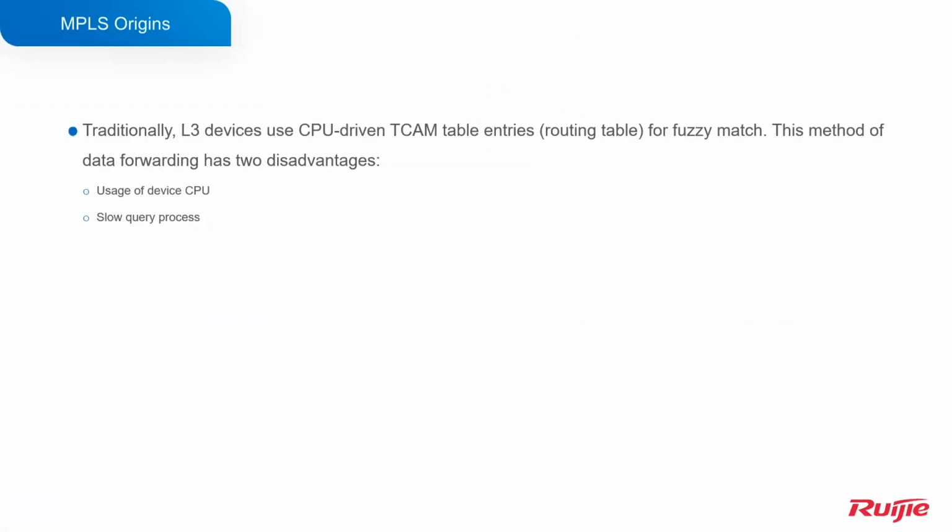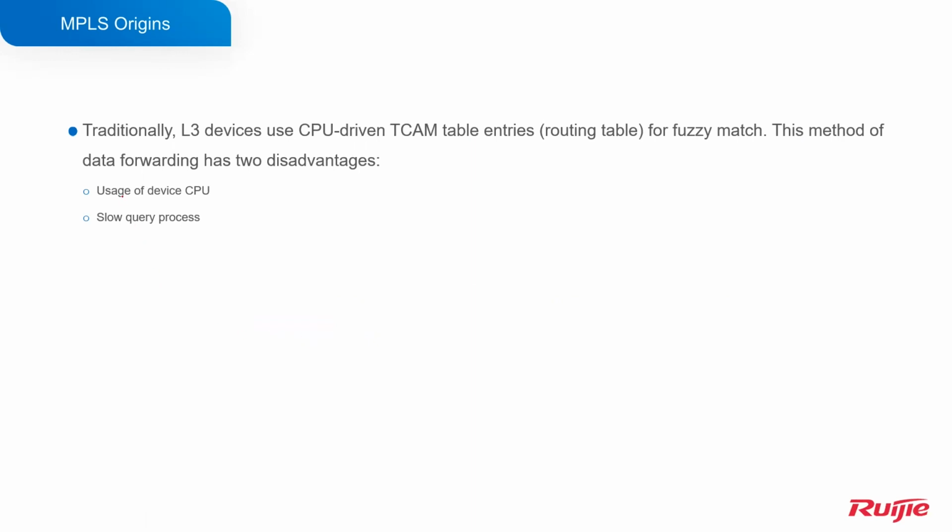Why do we need MPLS? At the beginning, layer 3 devices used a CPU-driven table, TCAM. You can think of this as a routing table for forwarding matches. This forwarding method has 2 disadvantages.